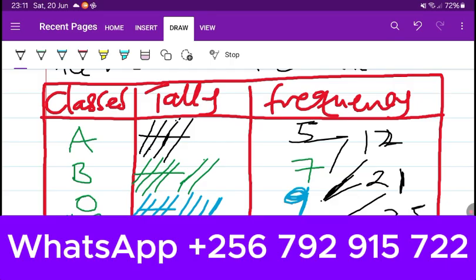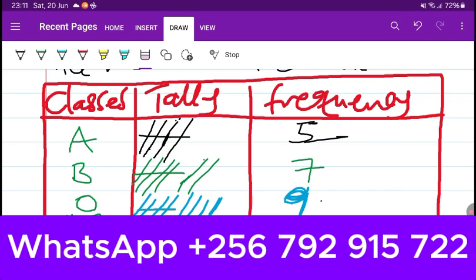So you are seeing the total frequency is 25. And they told us there were 25 people. So it means we have done the right thing. So that's how we present the frequency, the categorical frequency.